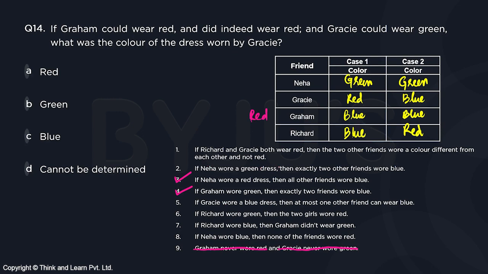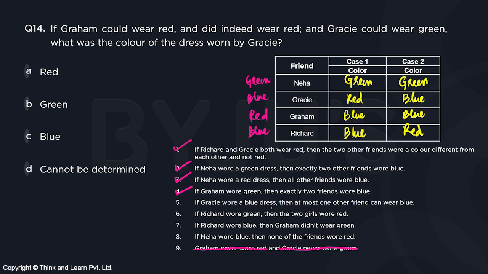If Neha wore a green dress, then exactly two other friends wore blue. So Neha, if she wears a green dress and the other two wear blue, is it a possibility? So using the second statement, then it says if Richard and Gracie both wear red, Richard and Gracie, they are not wearing red.